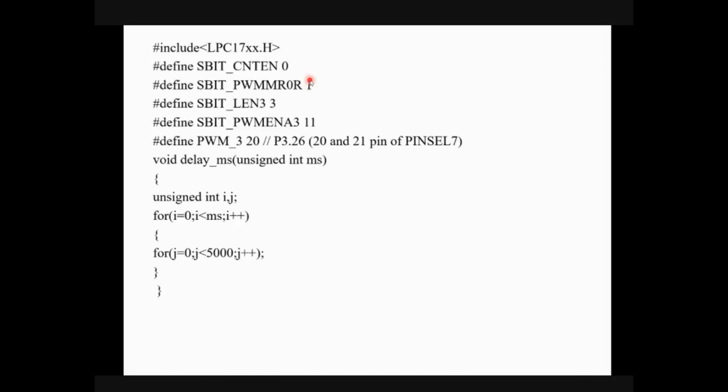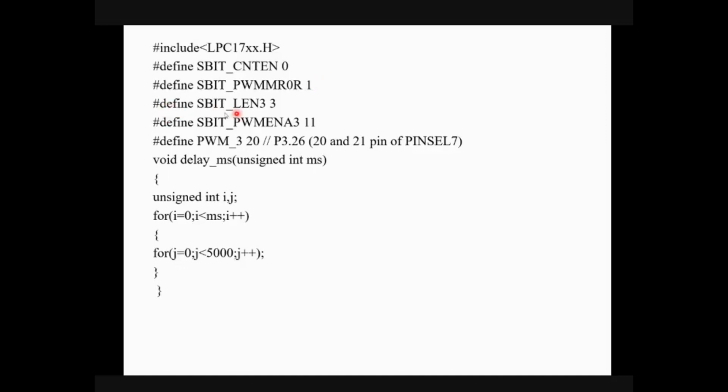It is the first bit in the MCR register which will reset on MR0 whenever a match occurs. If you make it high, then only it resets. If you make it 0, it will not reset. That's why I'm selecting the first bit. Whether to make it 0 or 1, we'll be declaring in the next part of the program.